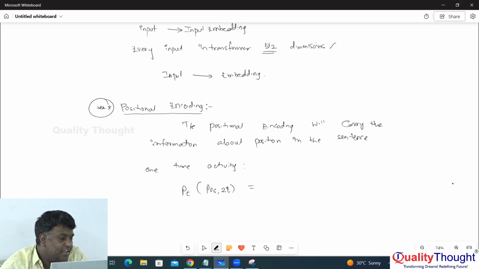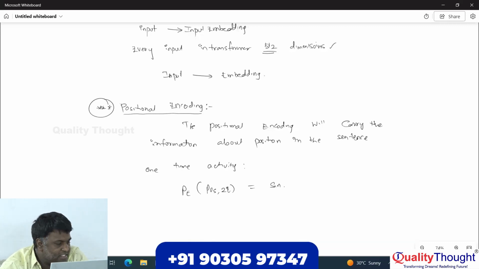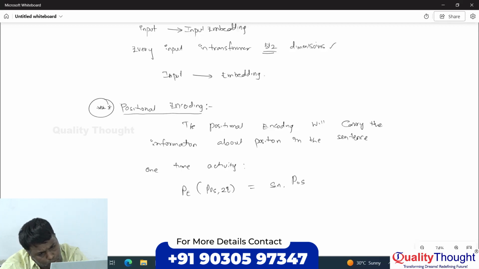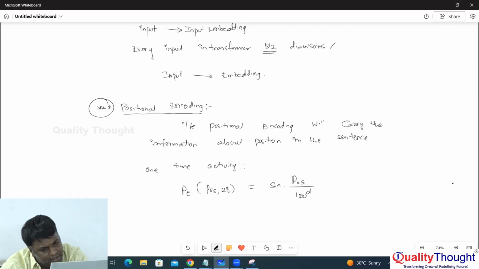Even position will use sin of pos divided by 10000 to the power of 2i by d_model, where d_model is 512. Positional encoding of pos, 2i plus 1 will be cos.